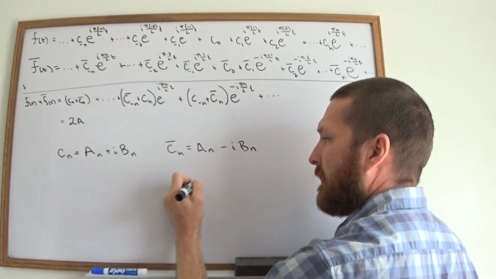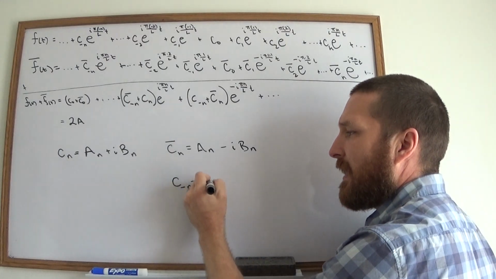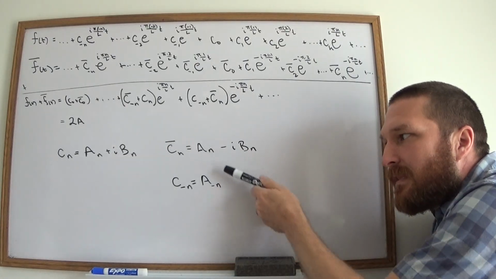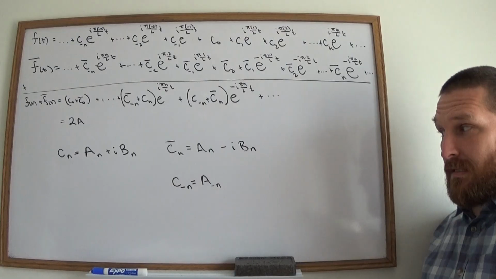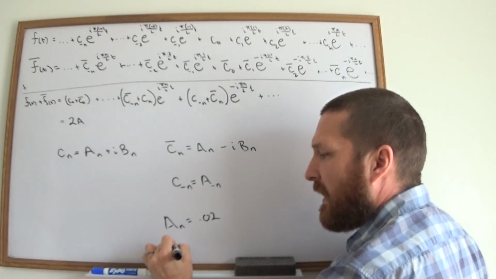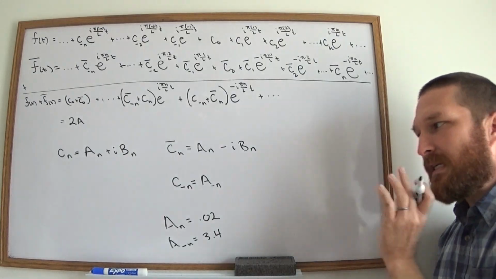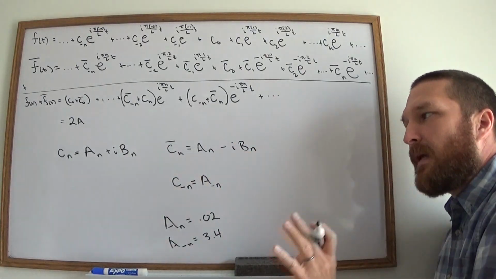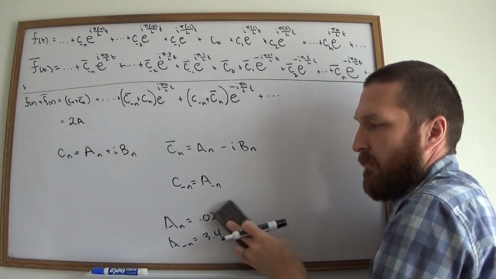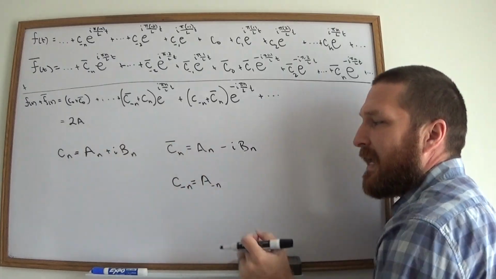It's not necessarily the same thing as An, but we could call it A negative n, as long as we remember that this negative n means that these things are not necessarily the same. They might be the same, but it could be the case that An was 0.02 and A negative n is 3.4. Just keep in mind that these are not the same, so we can't just make simple assumptions that, oh, they're going to cancel out or something like that. We don't know that. That's why I'm taking pains to write my subscripts with the negatives there.